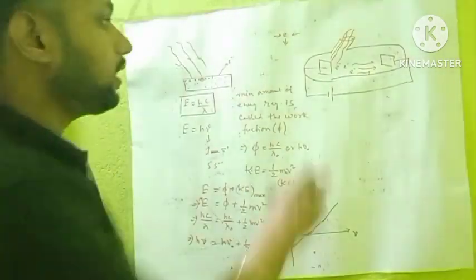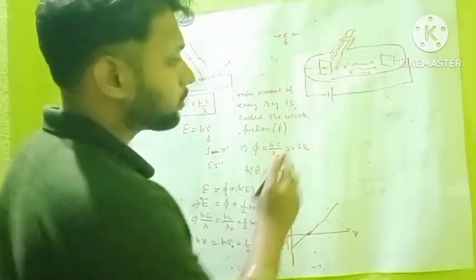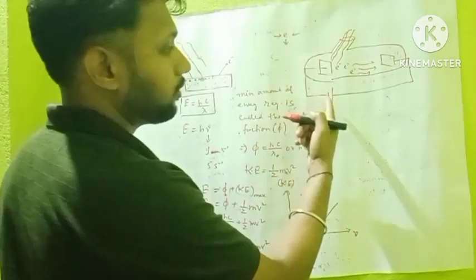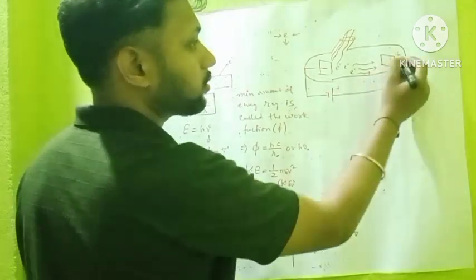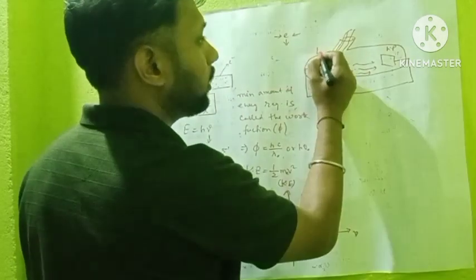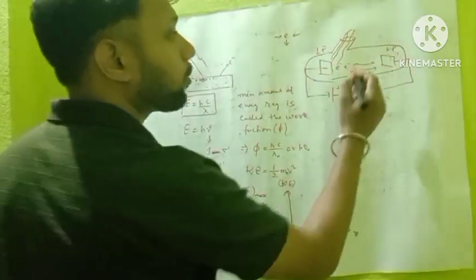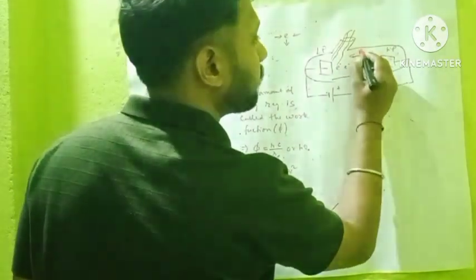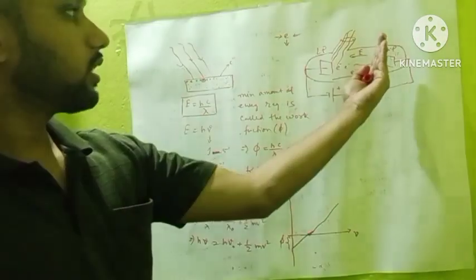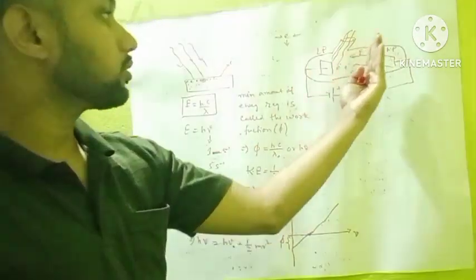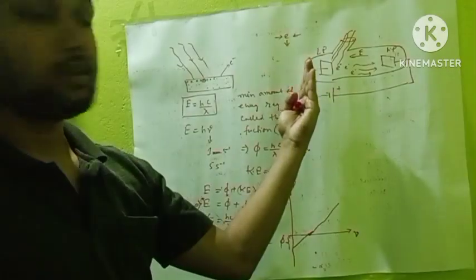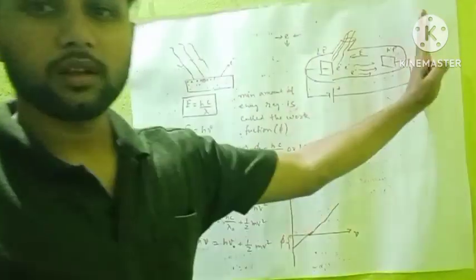Why will the electron move in this direction? This is because of the battery. This is plus and this is minus, so this is the higher potential and this is the lower potential. From the higher potential to the lower potential there will be an electric field, and if the electric field is in this direction, then the force will be in the opposite direction.